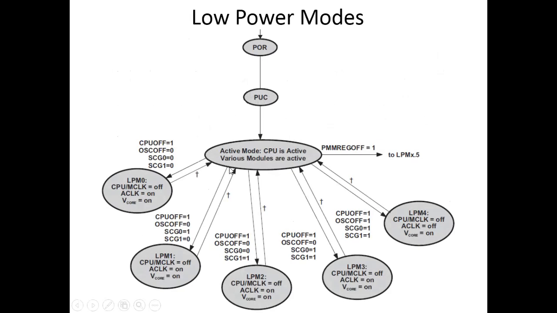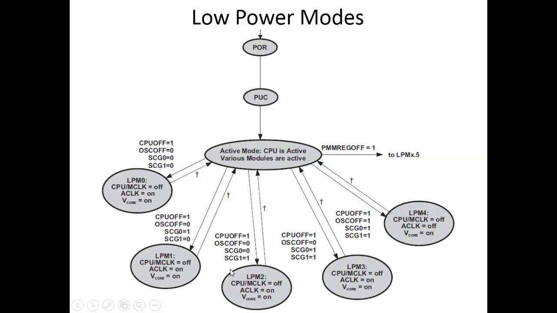For low power mode 0, only CPUOFF equals 1, meaning only the CPU is off and the remaining are on. Whereas in low power mode 1, CPUOFF is 1 and SCG0 is also 1.